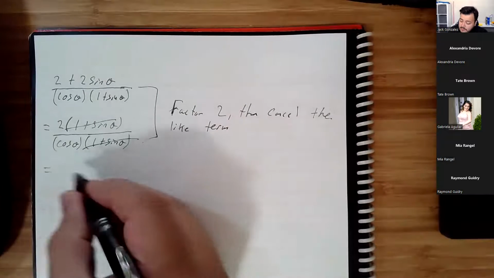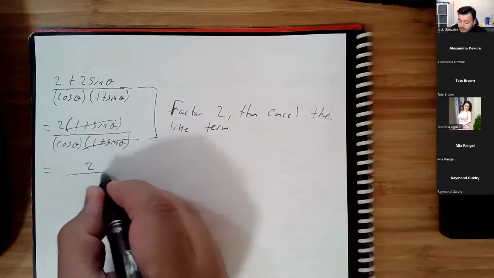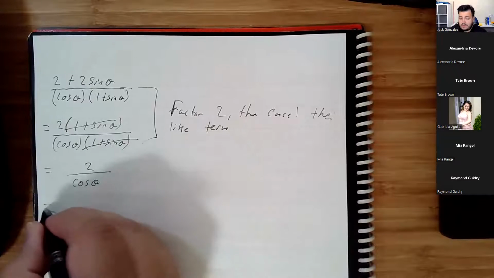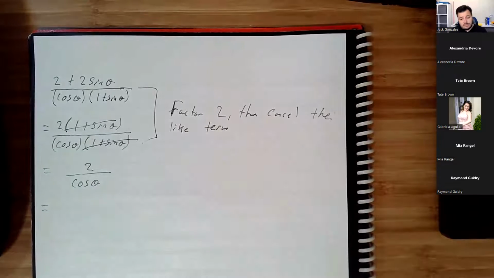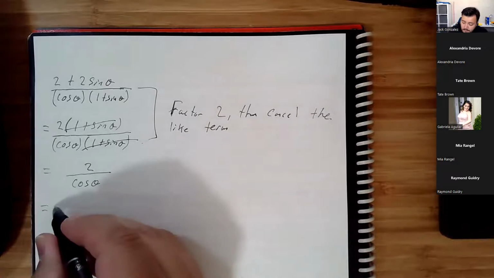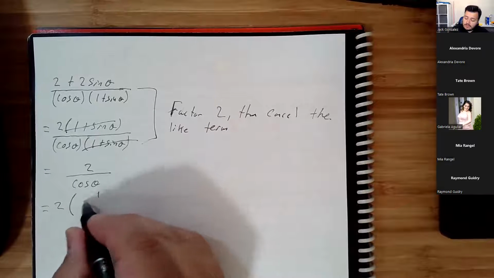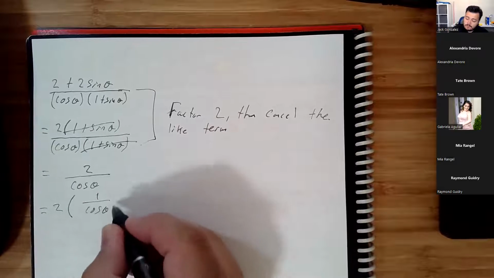So at this point, we have 2 over cosine. So we should see that the finish line is pretty close. This is technically 1 over cosine times 2.